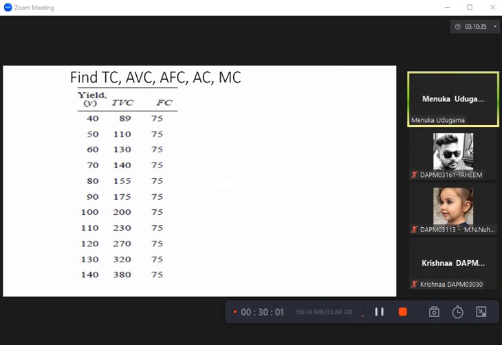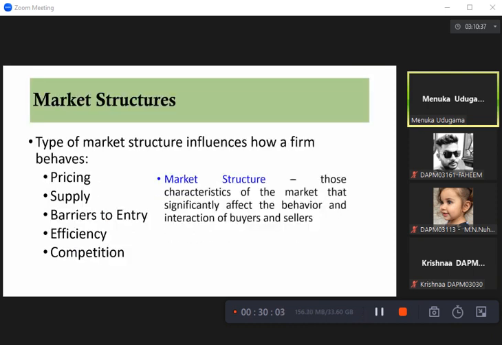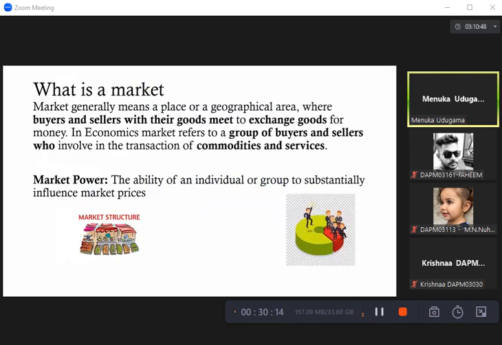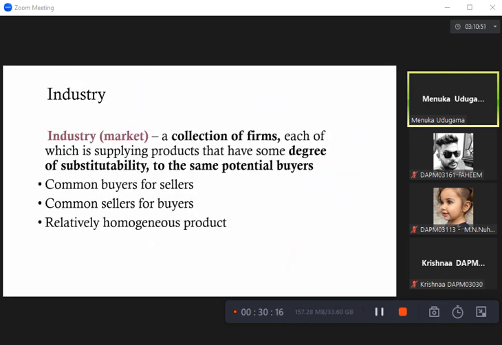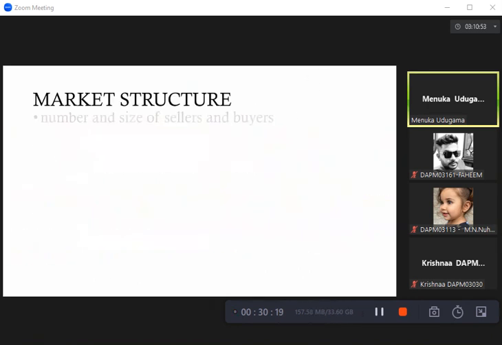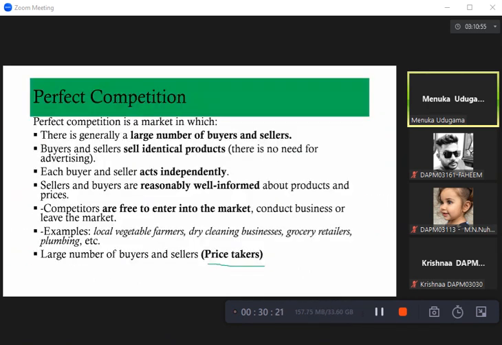And when you do, also look at how pricing strategies and costs will vary in certain market structures. So we looked at 4 types of market structures. On one extreme, we looked at perfect competition, or perfectly competitive market. The name itself gives us a clue, right? There are price takers.